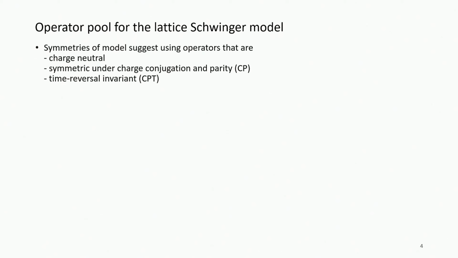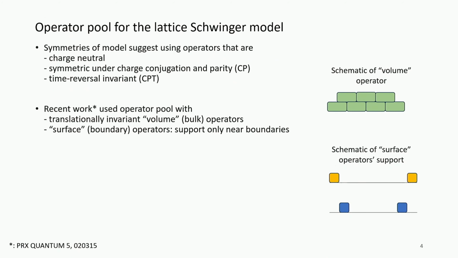Now, how do we go about running adapt VQE on this model? Well, we need to choose an operator pool to run our simulations. Now, the symmetries of the model suggest using operators that are charge neutral, symmetric under charge conservation and parity, as well as time reversal invariant. Now, there was a very nice work that came out last year in which the authors developed a method based on adapt VQE to prepare the ground states of very large system sizes of this model.